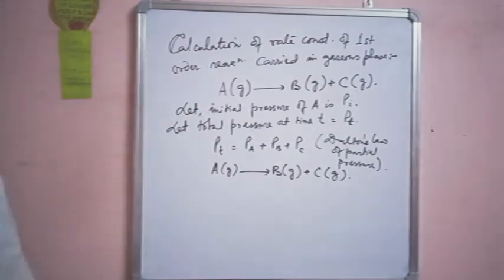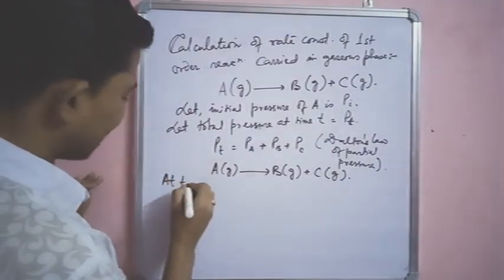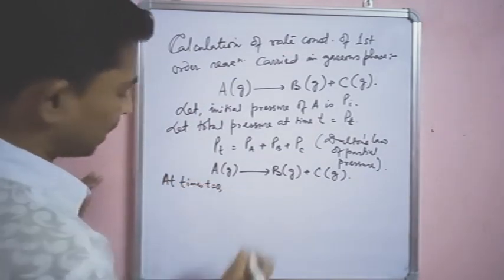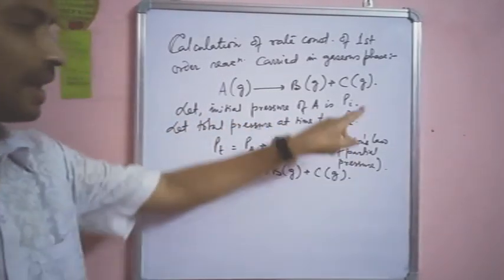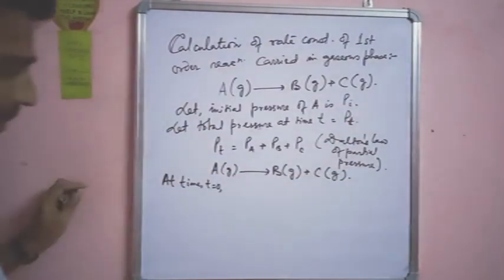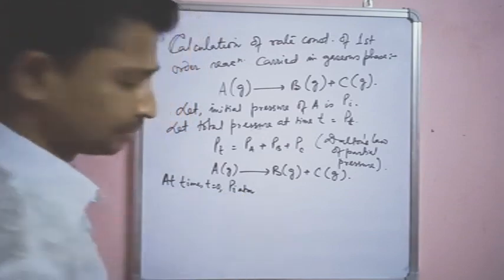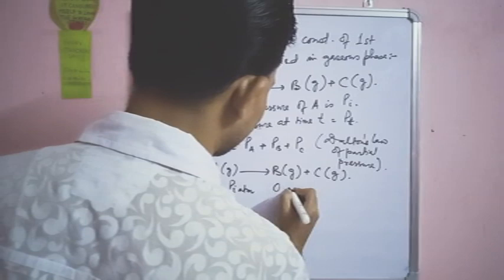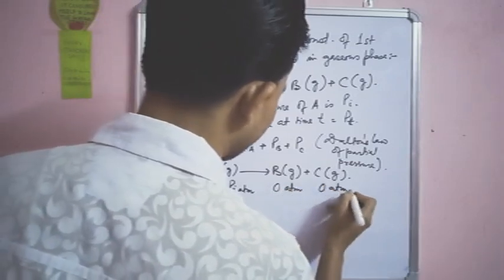At time t equal to 0, we have taken the initial pressure of A as Pi atm. And that of B and C is, because the reaction has not started yet, 0 atm and 0 atm.